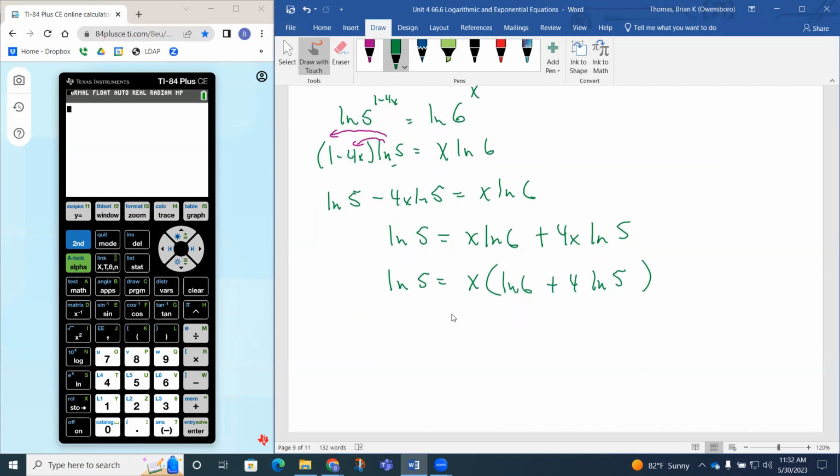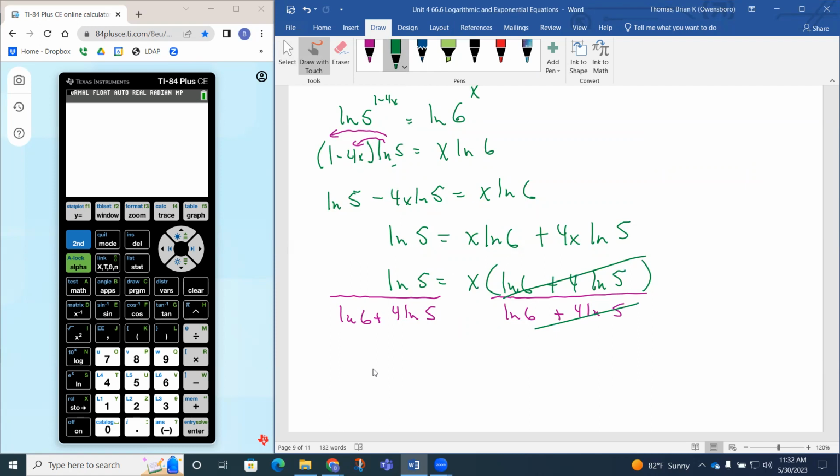Now, to get x by itself, though, I need to go ahead and divide each side by this right here. So if I divide natural log of 6 plus 4 natural log of 5 here, I have to divide the other side by that as well. So that means the x is now by itself. This piece here actually divides out.